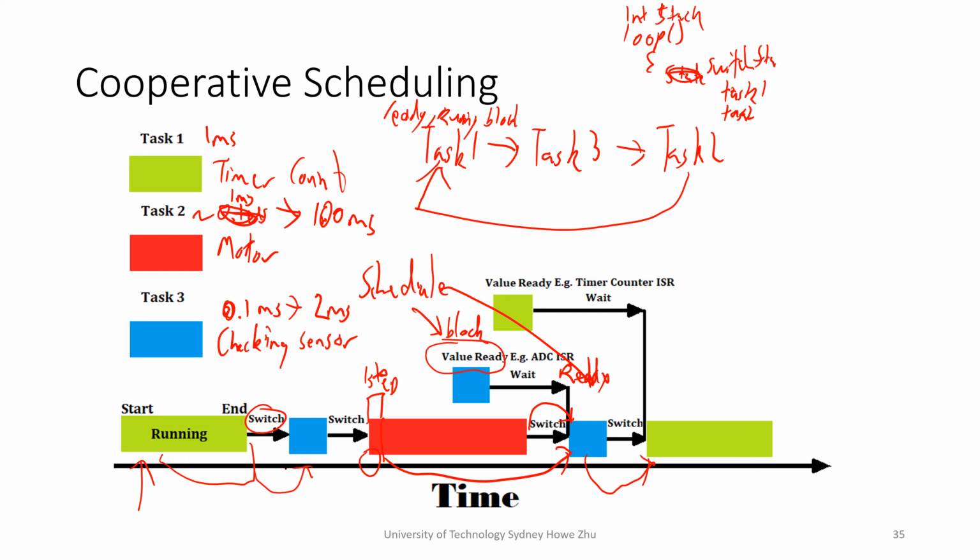So cooperative scheduling is a simple design. It's very easy to understand. But because of the simplicity of the design, you can't get precise timings, which you may or may not need for assignment 2. You might want more precise timing for assignment 2, and you can't get that with cooperative scheduling.